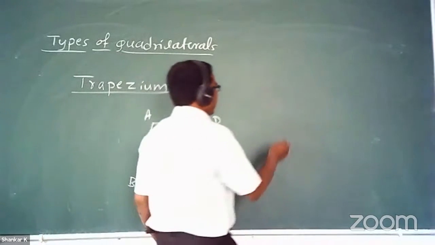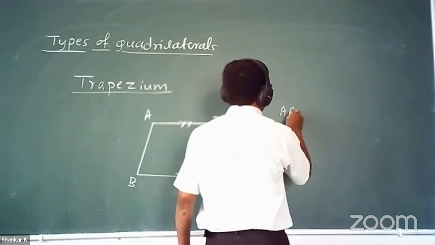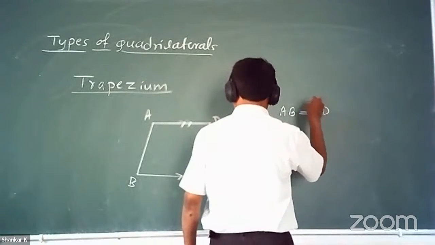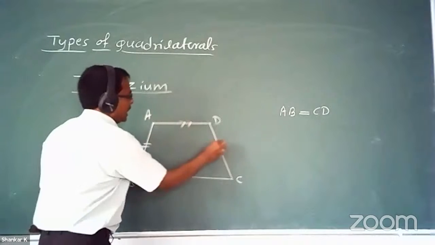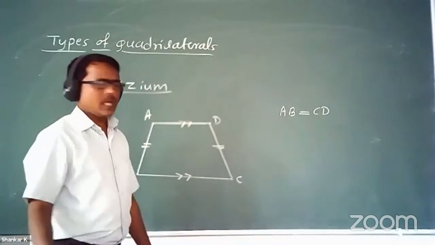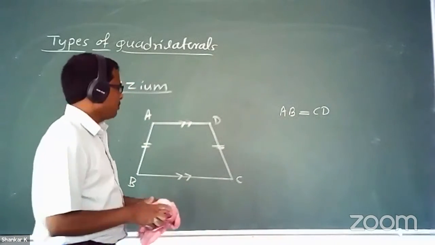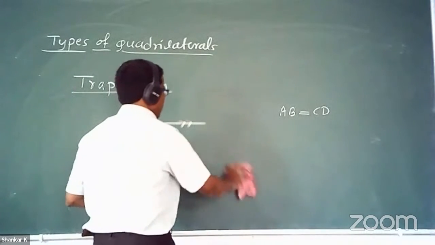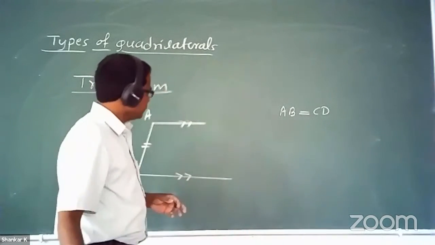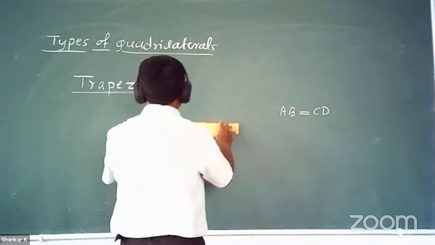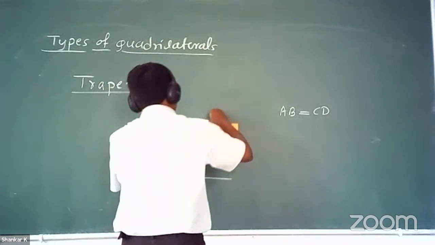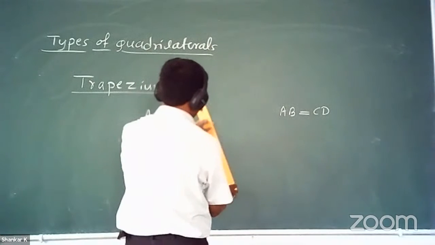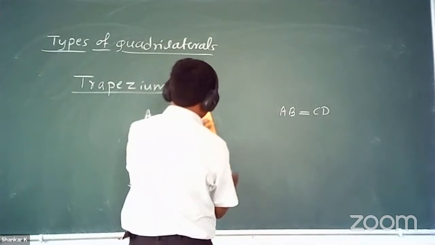For example, if AB and CD are equal in length, then that is known as an isosceles trapezium. What is an isosceles trapezium? The trapezium in which non-parallel sides are equal in length is known as an isosceles trapezium.